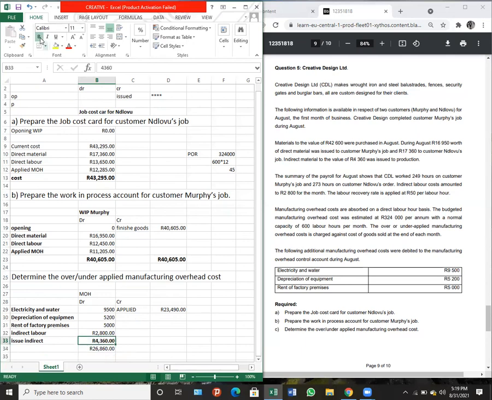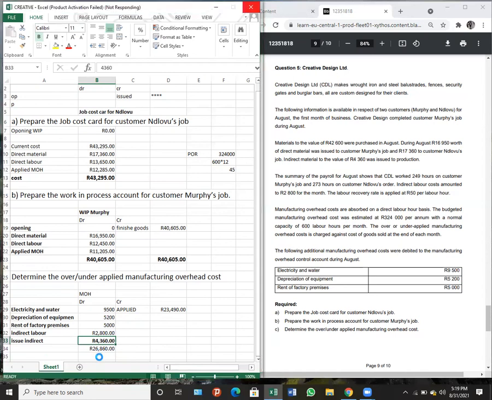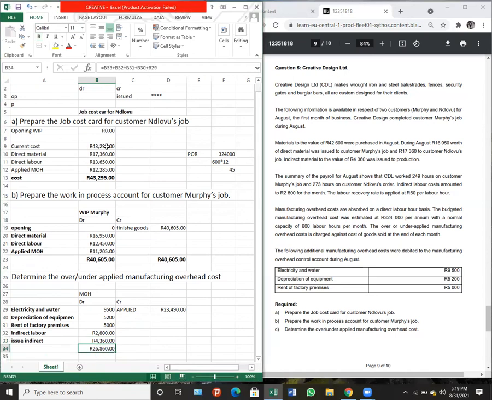Let me do this. 26,860, guys, represents your actual manufacturing overhead. You can see, guys, this is your actual, this is your applied. Do you think we have over applied or under applied? Under applied. What if we had over applied?